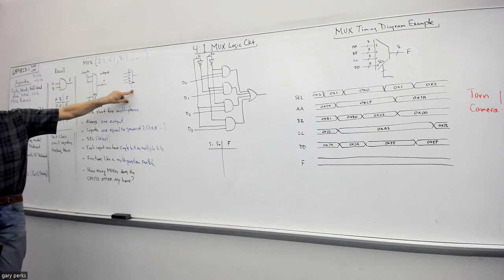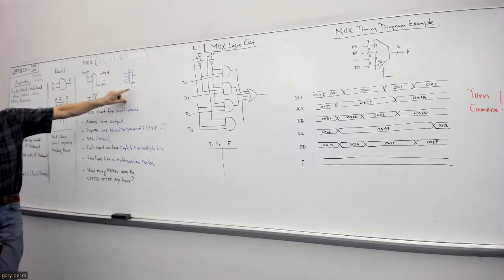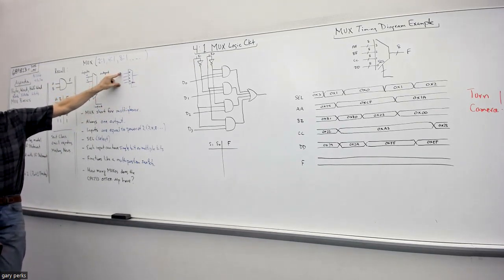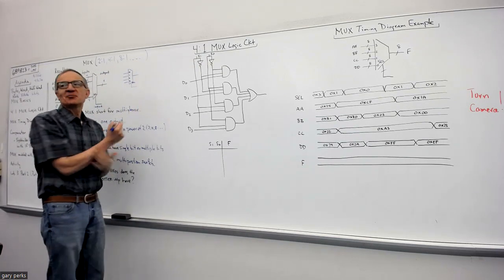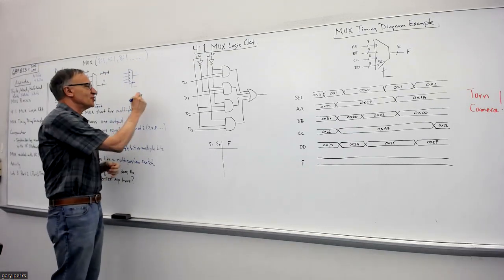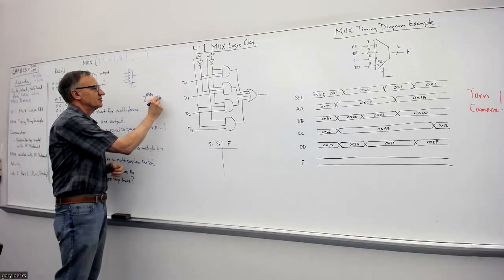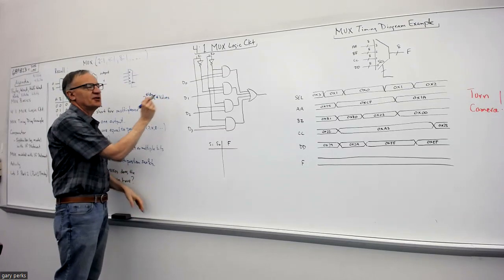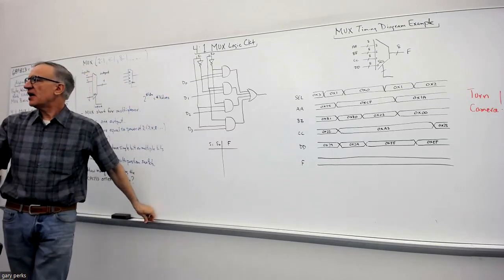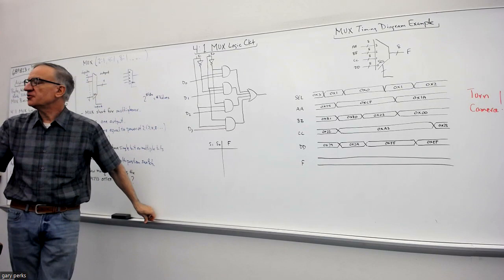How many bits would the select input have to be in order to choose from four things? It has to be 2 bits, right? That goes back to the rule, probably the 6th time I've written this on the board, that 2 to the number of bits equals the number of values. Every time you add a bit, you double the number of values you can represent.